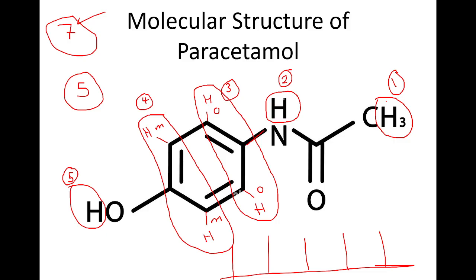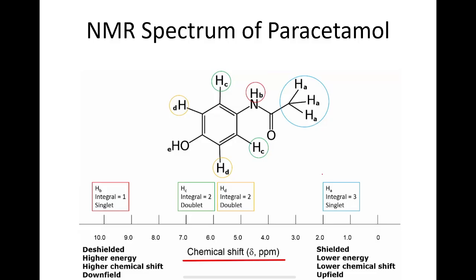Now, what about splitting? Basically this is a little far away, but this is close to a carbonyl. It's going to be difficult to pinpoint these, right? When we do the proton NMR spectrum for paracetamol, we get this.